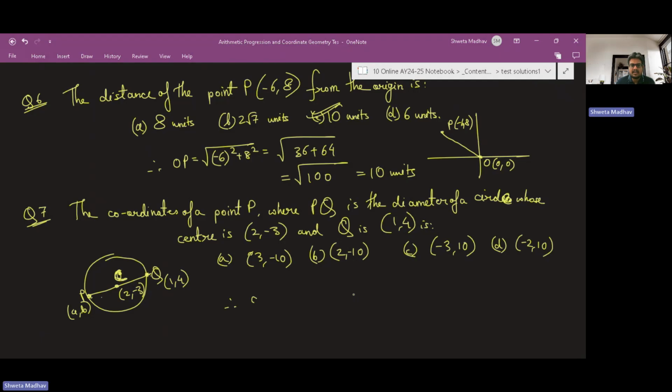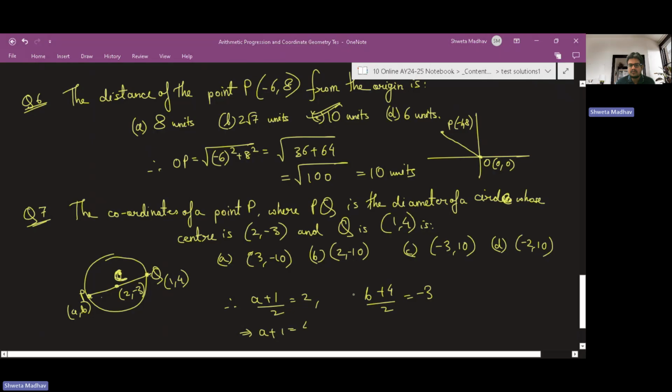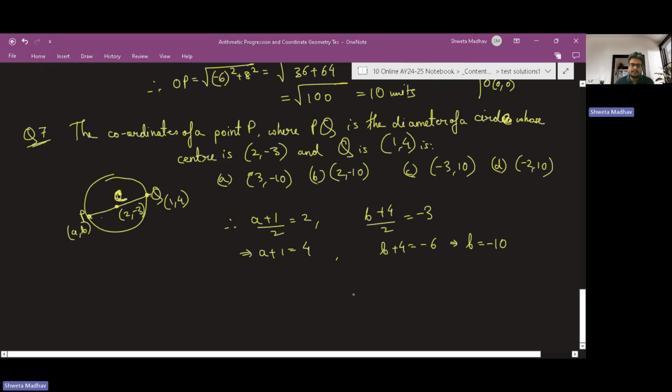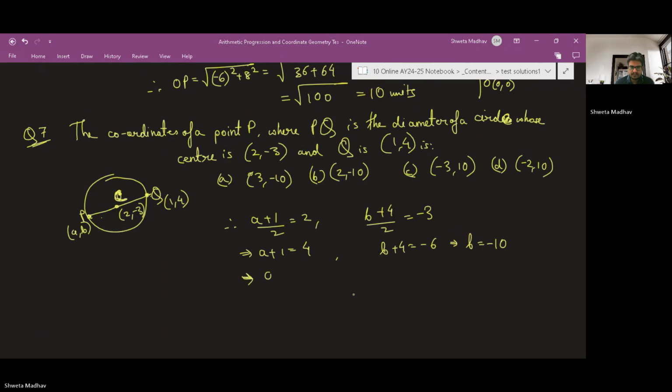Therefore, (A + 1)/2 is equal to 2 and (B + 4)/2 is equal to -3. So A + 1 is equal to 4 and B + 4 is equal to -6. So B is equal to -10.